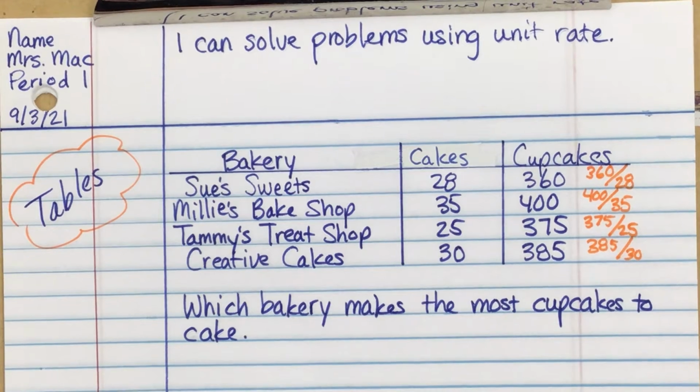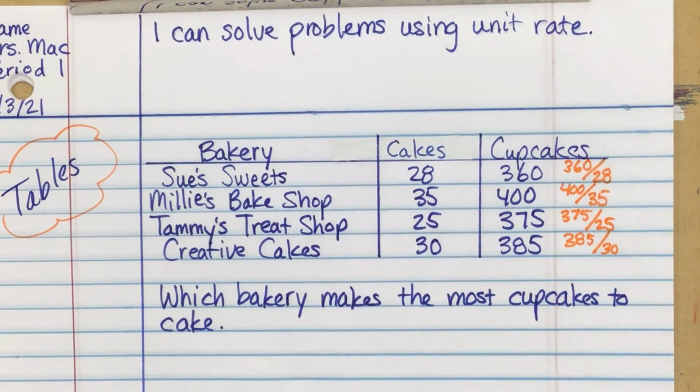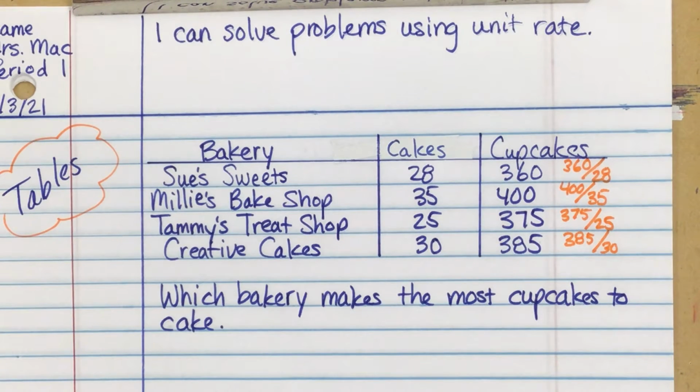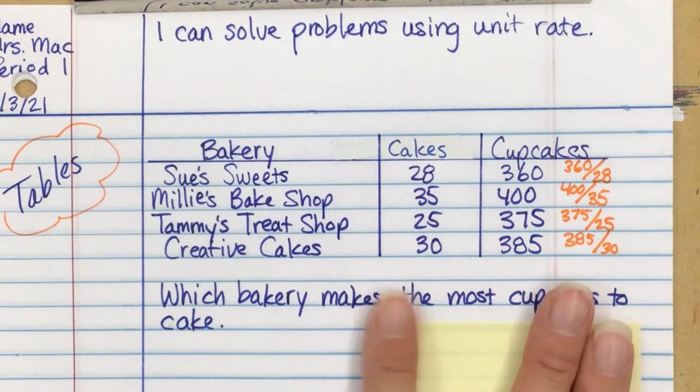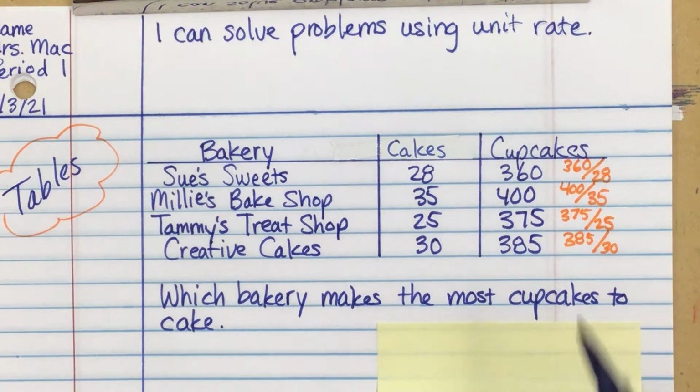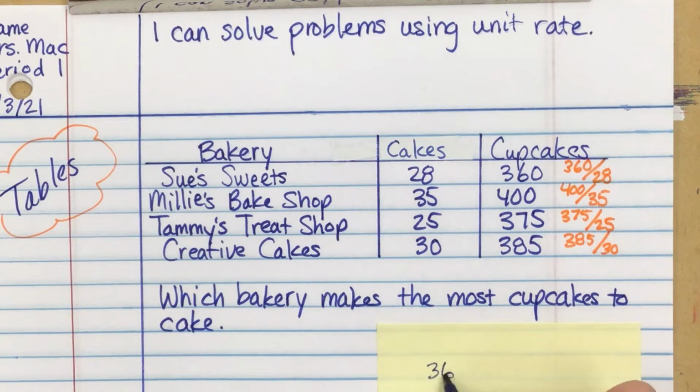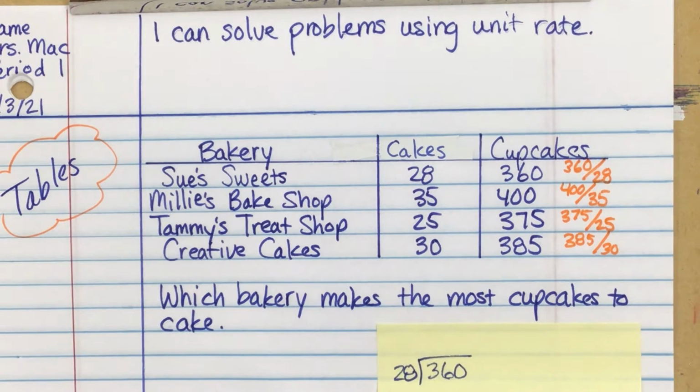So to find the unit rates, all we have to do is divide, okay? I'm going to do my work just on a little piece of scratch here. Actually, this is silliness.